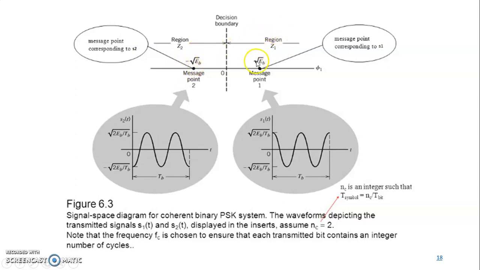So the region Z1 corresponds to symbol 1 and region Z2 corresponds to symbol 0. If the received signal is in the region Z1, the receiver will make a decision in favor of symbol 1, and if the received signal is in the region Z2, the receiver makes a decision in favor of symbol 0. So that's how the decision rule works.